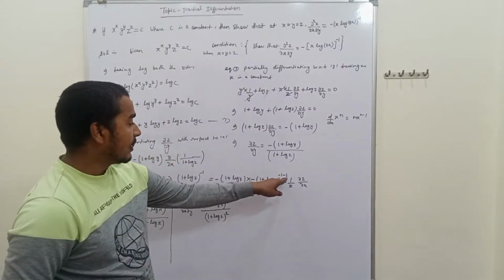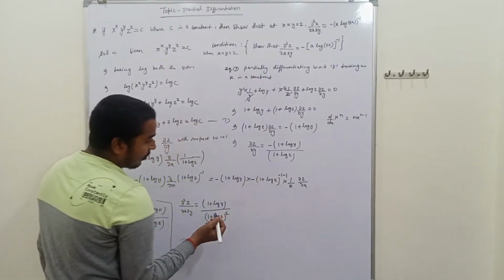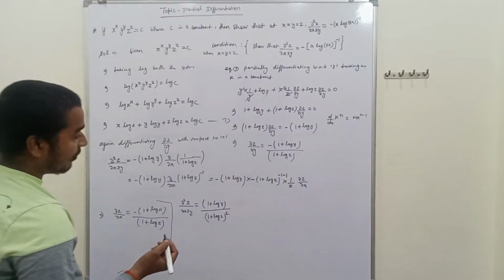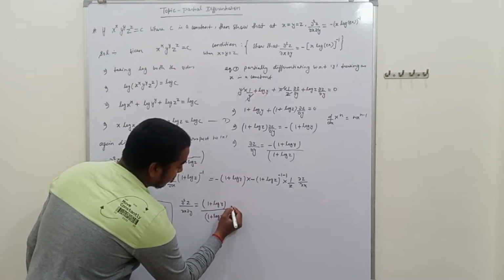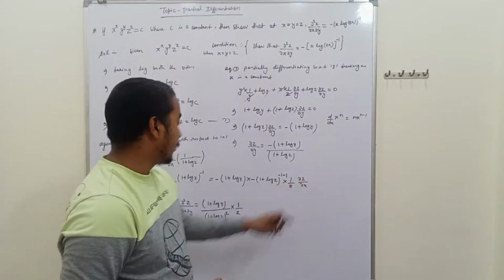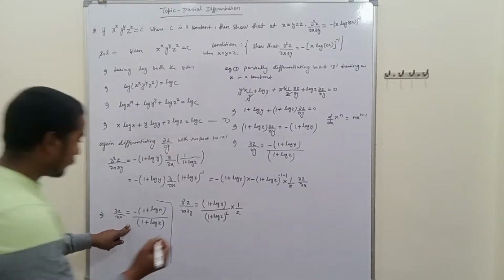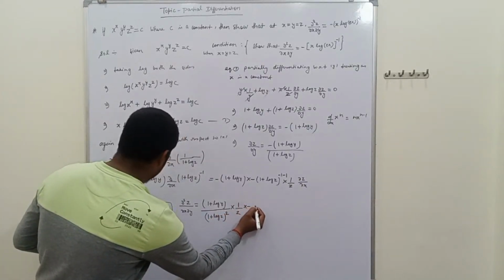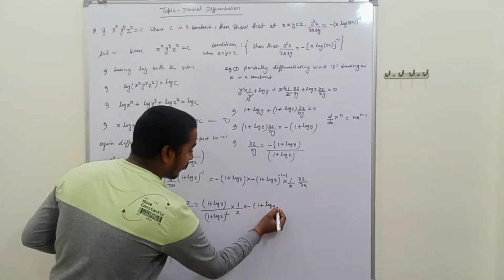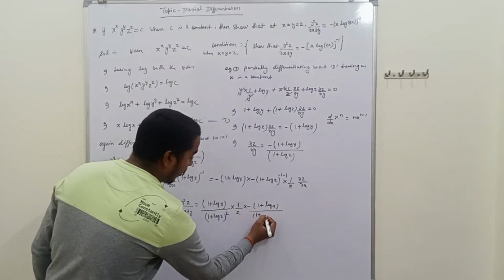Here the minus of 2 taken into the denominator, that is plus 2, and the remaining is 1 upon z, and putting the value of del z upon del x, which is given by minus of 1 plus log x upon 1 plus log z.